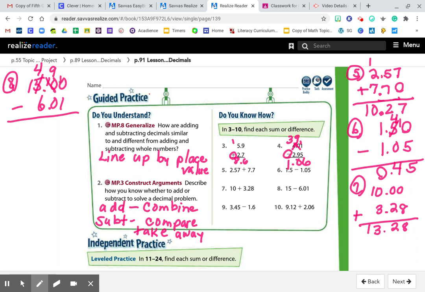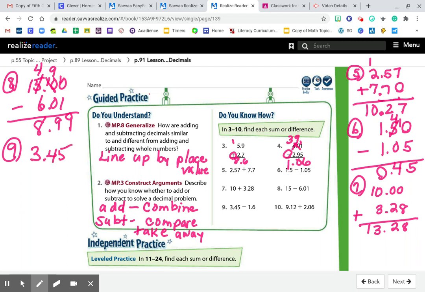So 10 minus 1 is 9. 9 minus 0 is 9. I can't take 6 away from 4. So 6 away from 14. What am I on? Number 8. Yep. 8.99.